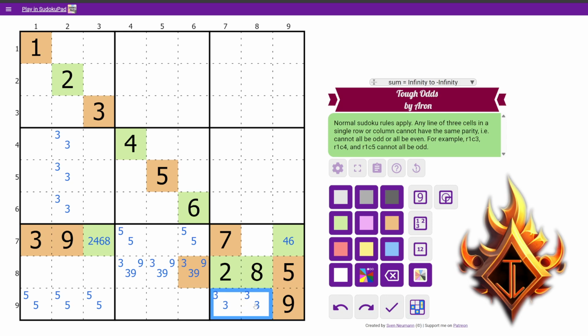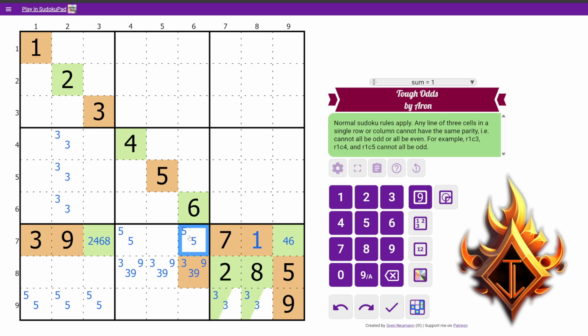Oh, one of the evens has to be down here though, or else this would be 3 in a row. So the even is down there, which is a 4 or a 6, but it puts the last odd there, because there can only be 4 evens in a box. So this is going to be 1. That's going to be 1 only.